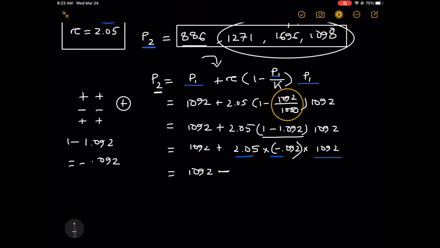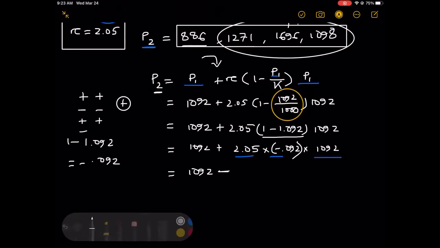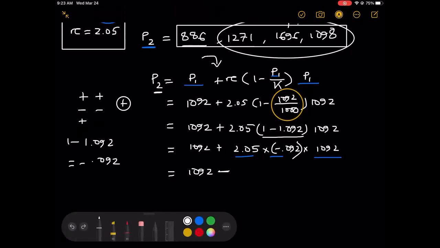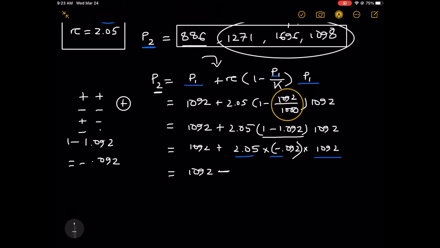If you have the alternating one, that means a plus and a minus, then the final sign would be a negative. We have a plus here and a negative here. So we have the alternating situation, so the final sign would be a negative, right?